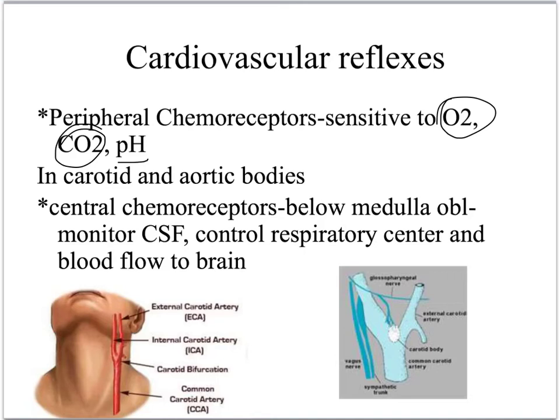So these, again, are going to be feeding information to the medulla oblongata and the brainstem. And if your body picks up the fact that you've got a decreasing O2 level, increasing CO2, you're going to be having effects as far as your respiratory centers and blood flow to your brain.